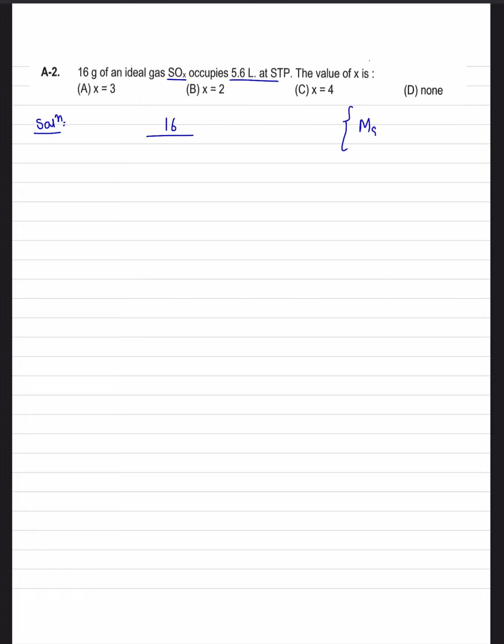Molar mass of SOx: you know sulfur is 32, oxygen is 16, and x oxygens are there, so it will be 16x. So divide with this one, 32 plus 16x. We can also get the mole from the volume, 5.6 divided by 22.4. Very good. So we got 16 by 32 plus 16x is equal to 1 by 4.